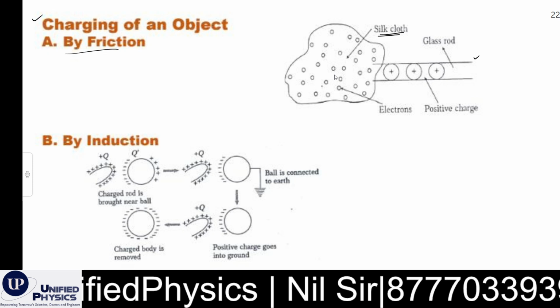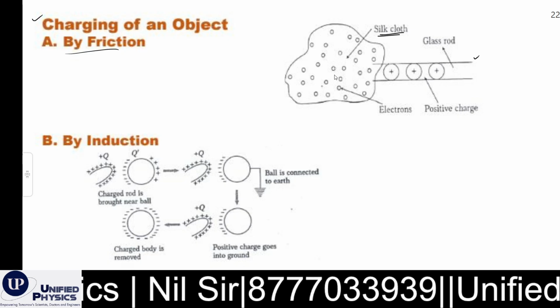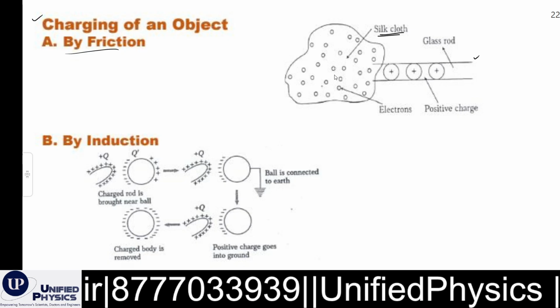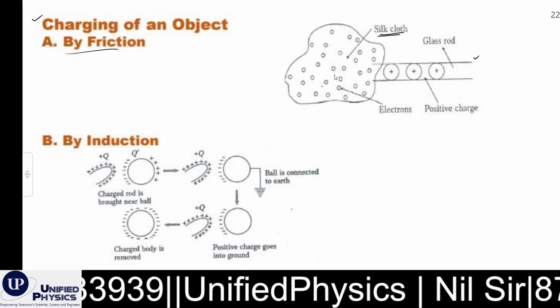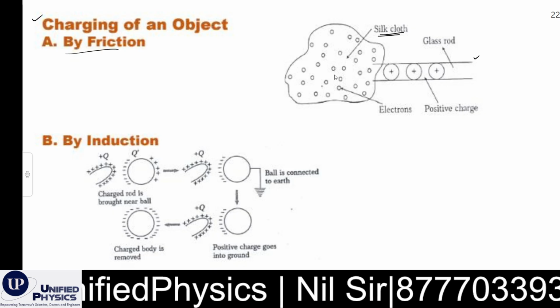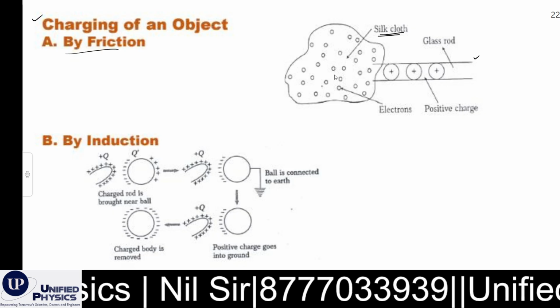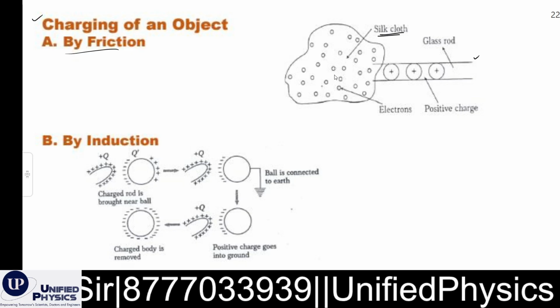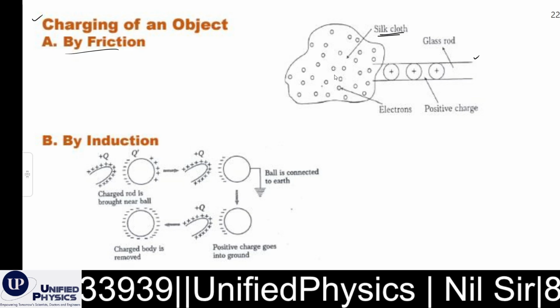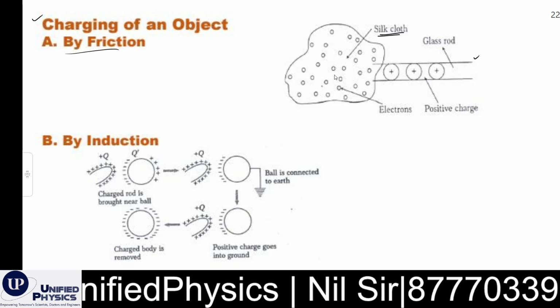For example, after shampooing, if we run a comb through the hair, obviously clean comb and clean hair, we'll observe that there is a cracking sound, right? So this is because of charging.